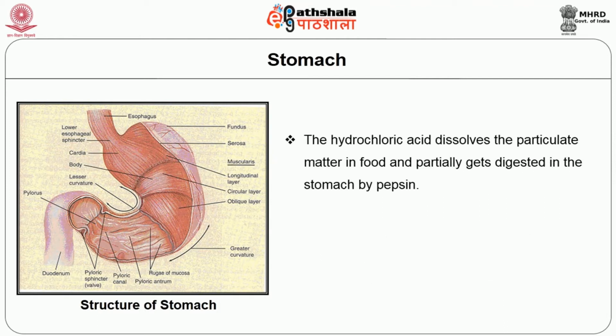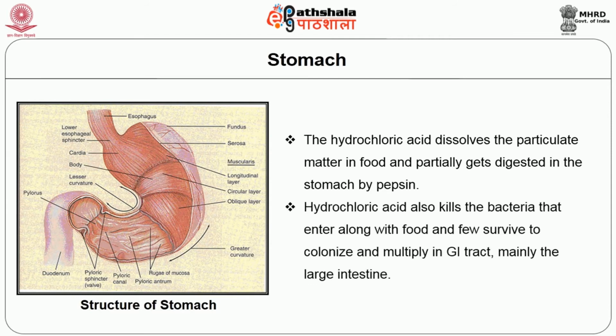The hydrochloric acid dissolves the particulate matter in food, and protein is partly digested in the stomach by pepsin. Hydrochloric acid also kills the bacteria that enter along with the food, and few survive to colonize and multiply in the gastrointestinal tract, mainly the large intestine.